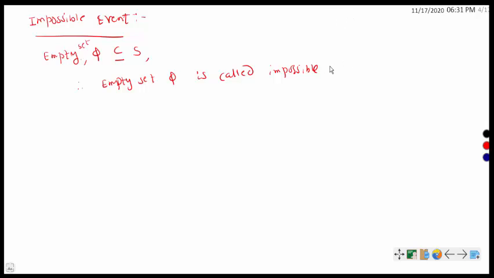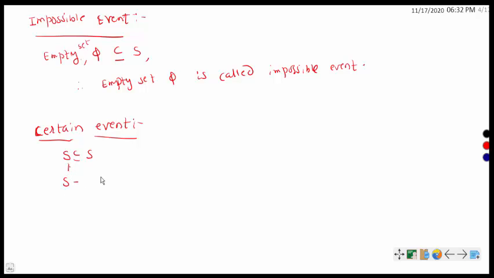Phi is the impossible event, an event which does not happen. Similarly, a certain event is one which is certain to happen, a 100% guarantee that this event will happen. Here S is a subset of S, so S is an event.